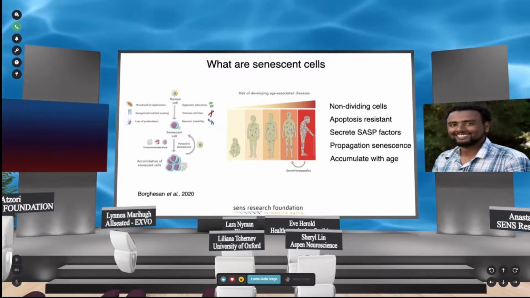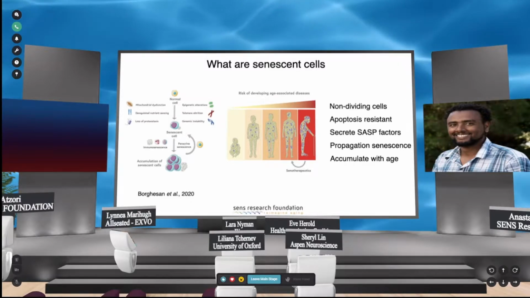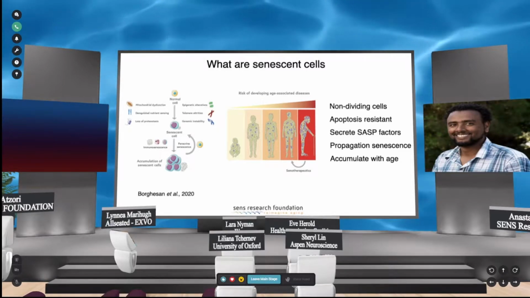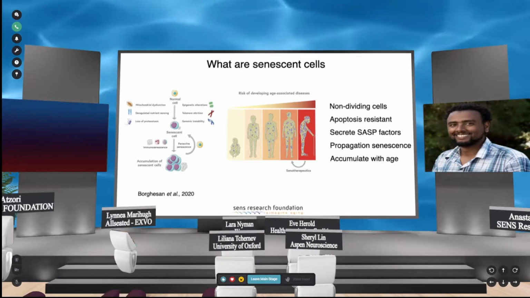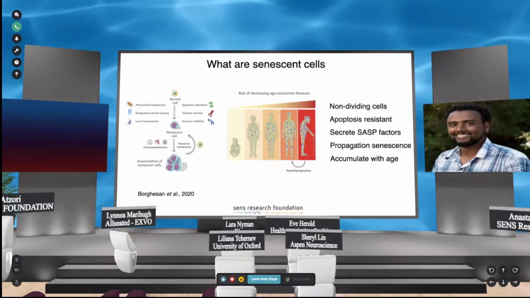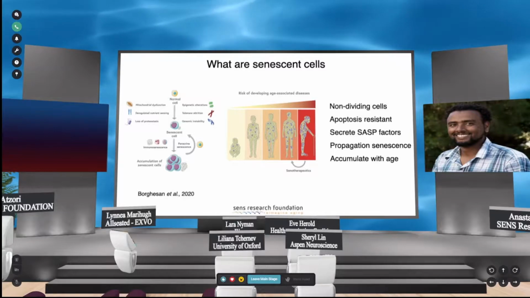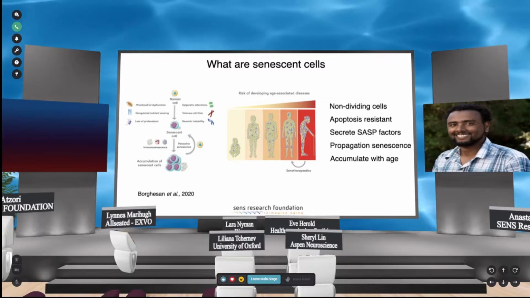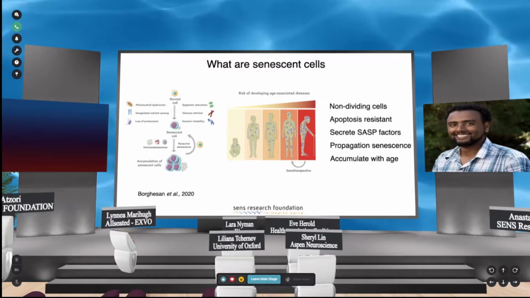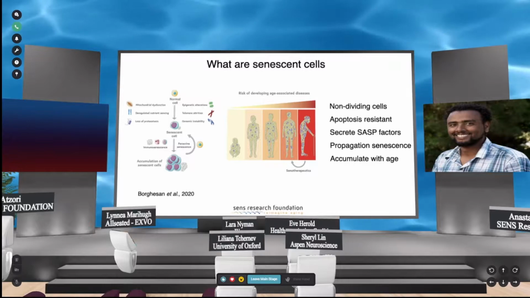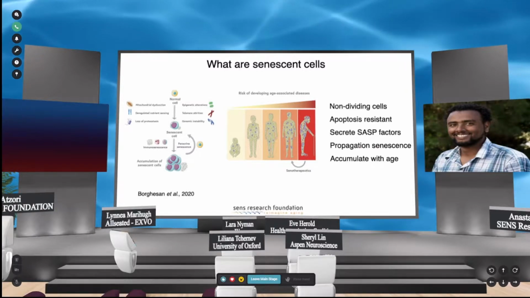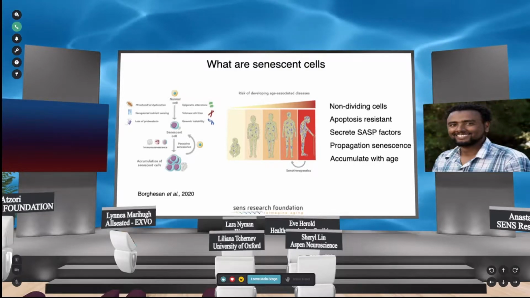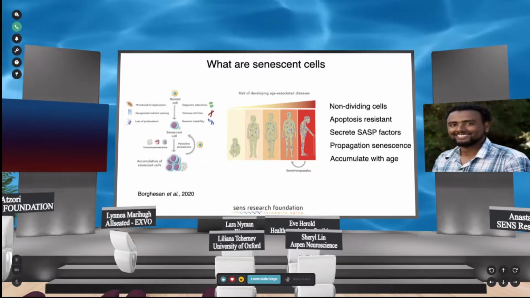All right. Let's start with what senescence is. Amit Sharma this morning did a very good introduction about senescent cells, so I don't want to go into details. But for those of you who are not here, or who want a brief introduction: a cell can undergo different kinds of stress, that could be genotoxic stress, mitochondrial damage, or telomere attrition, and the cells will undergo a permanent cell cycle arrest, and these cells are called senescent cells.